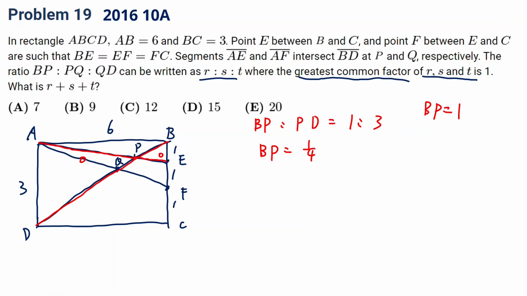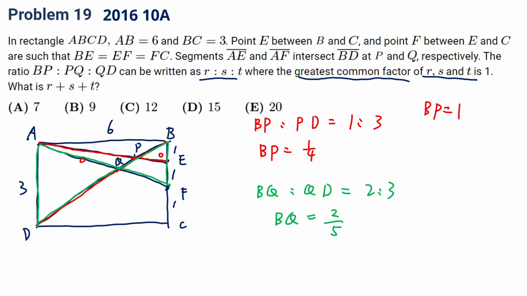Okay, and then let me use a different color. So now that we have a green one, we draw it green. You can easily see these two green triangles are similar to each other. So now we will have BQ to QD should equal 2 to 3, which means we can say BQ is 2/5 of 1.